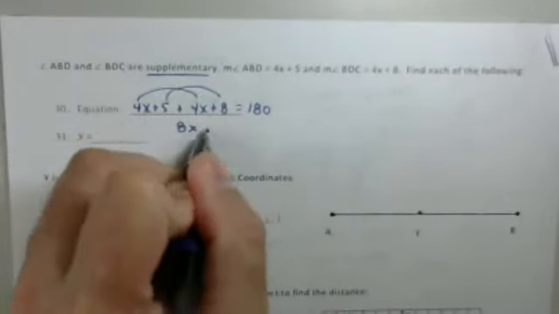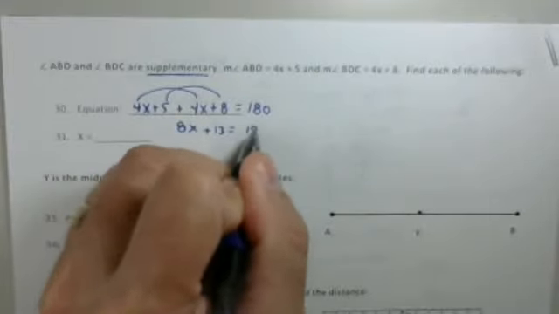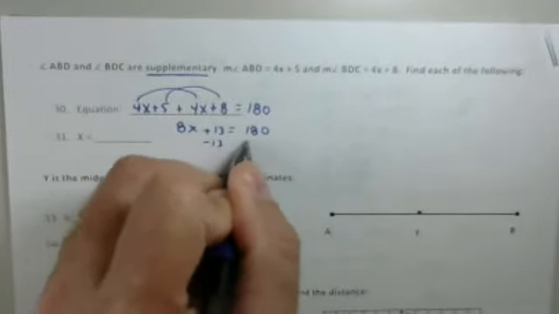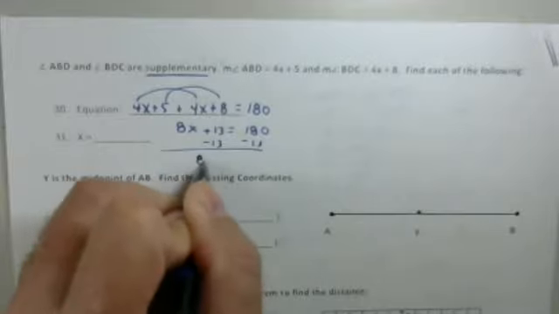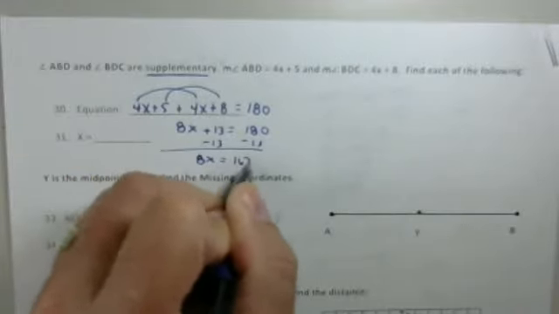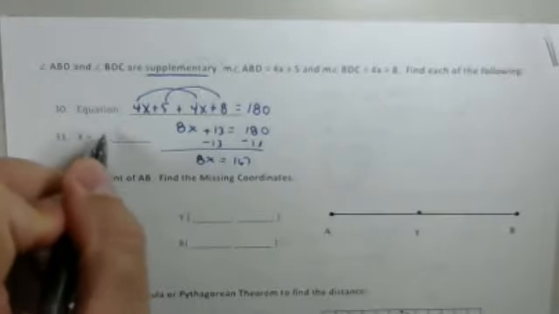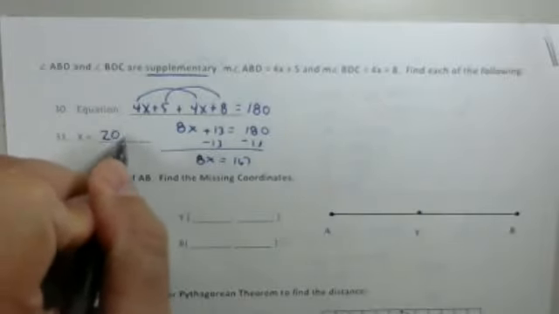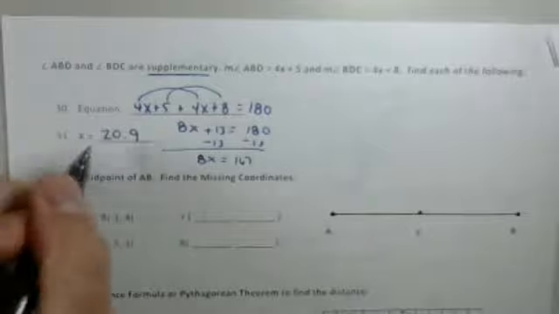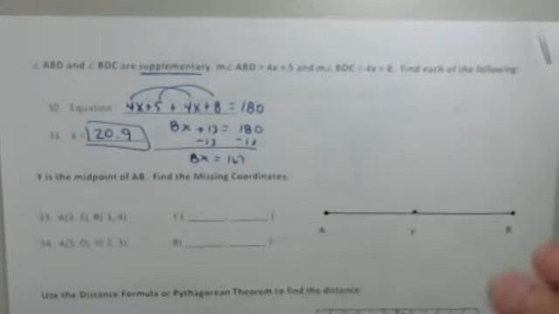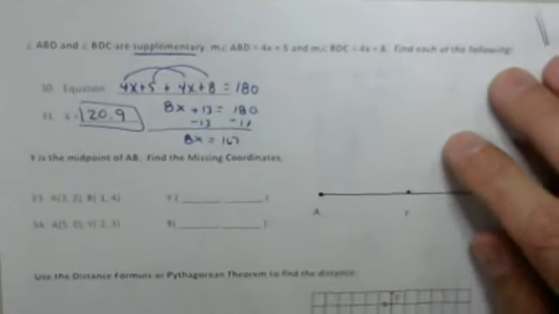And then 5 plus 8 is 13. Subtract 13. And then when you divide both sides by 8, you will get 20.9. And so that is your answer on that one.